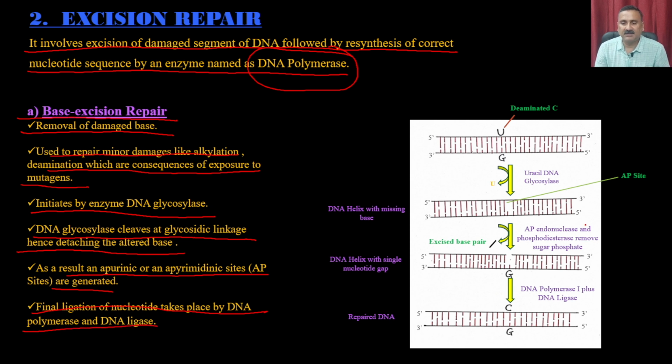This is the mechanism showing the role of UDG, uracil DNA glycosylase. If you have a deaminated cytosine, which becomes uracil, it first forms the apurinic site, and then this site is refilled, and that's how you have the repaired DNA at the end of this repairing mechanism.